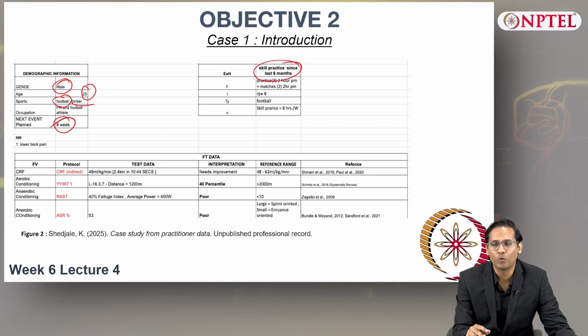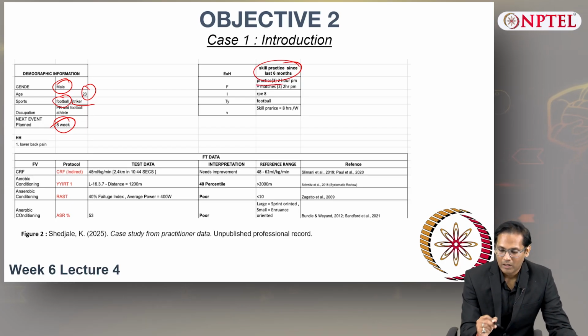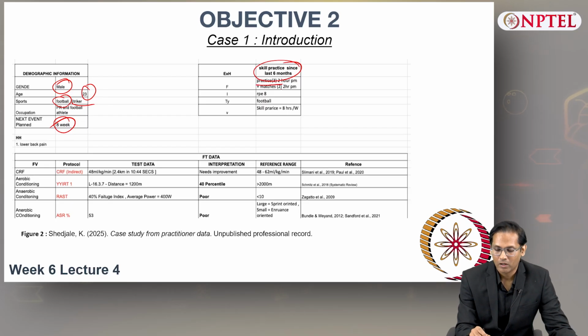Skill practice, that is sports training, since last 6 months. 3 days, 2 hours per session in the evening, PM means evening, plus 2 matches per week, which is of 2 hours in the evening. The intensity of the skill training is at RPE 8, which represent very hard intensity of skill training.